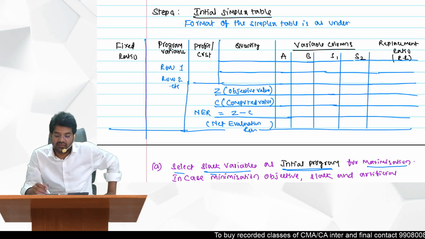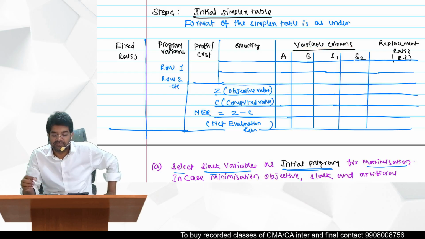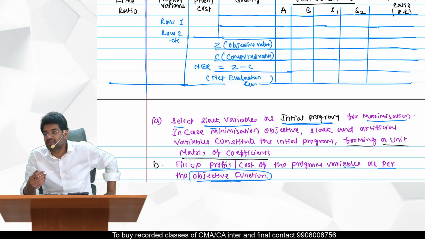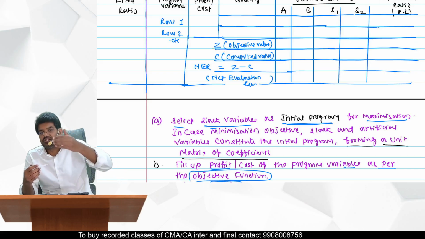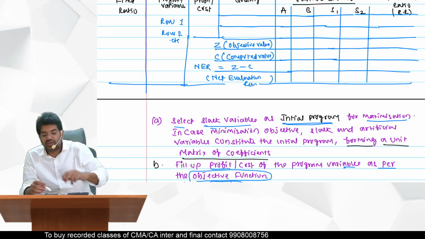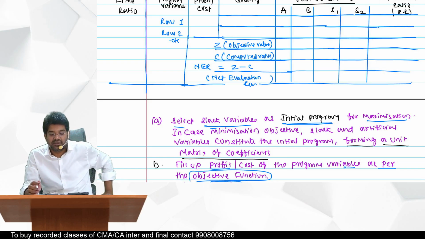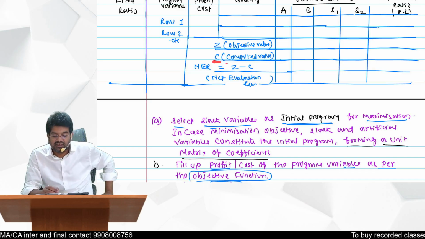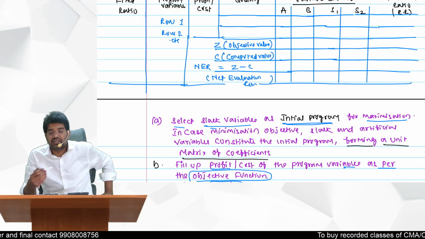Then you should write the variables' coefficients here. Then first take the z value. What is the z value? The z value is nothing but the coefficients of the variables in the objective function, the profit per unit or contribution per unit. Then you should calculate the C value here. What is the C value?